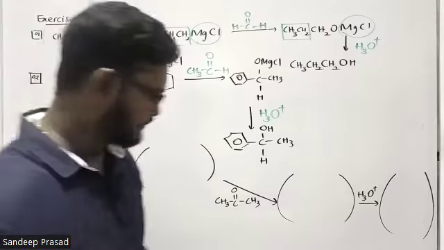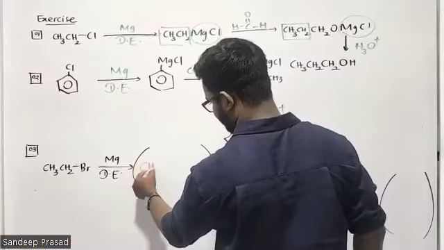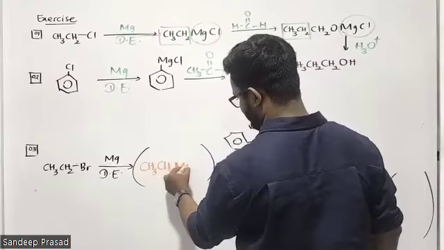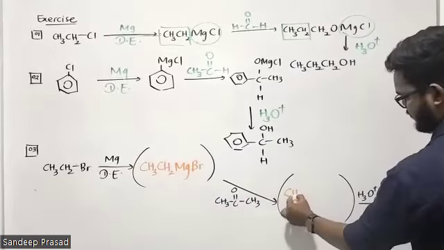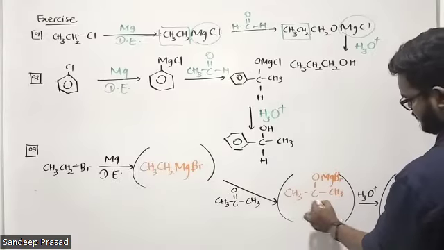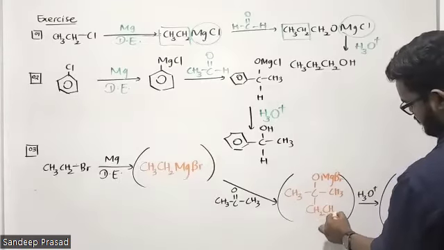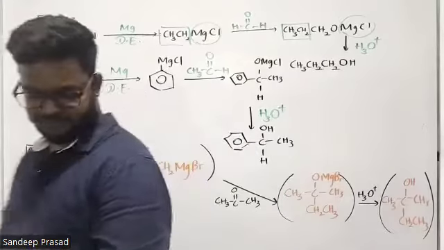Number three, we're adding magnesium, dry ether and producing the Grignard reagent CH3CH2MgBr, and we're adding a ketone. Adding H3O plus is giving the alcohol, where the OMgBr group is converting into OH. Can you understand? That's very easy.